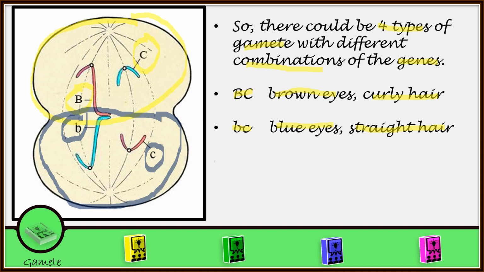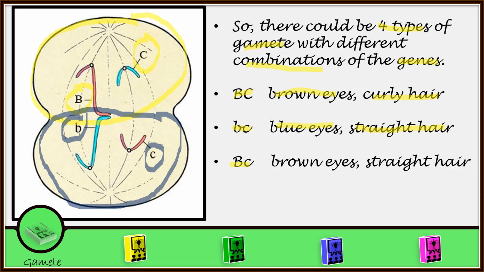Then there are other possibilities. We can have the capital B and the smaller c. So we can have another cell, and this cell may be of this type, where we have capital B and a small c.